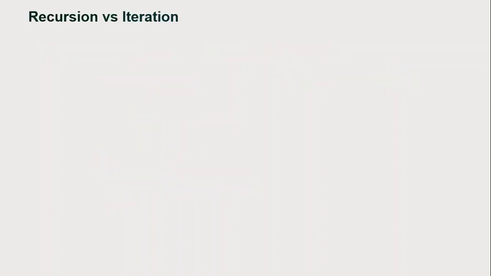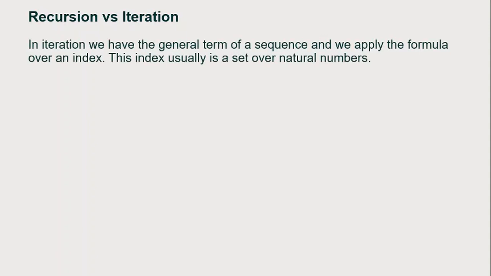Now, last thing with recursion versus iteration, to reiterate the point: in iteration you have some general term of a sequence, and we apply the formula over an index. So we have an index which varies, and it goes on and on, and we keep changing the position. Usually it's a set of natural numbers.